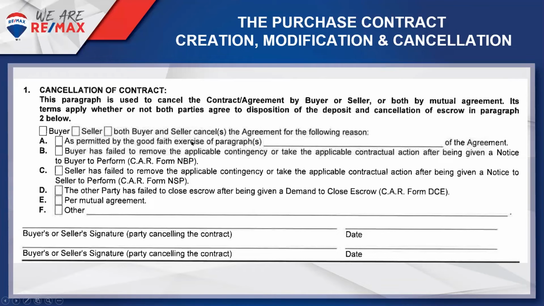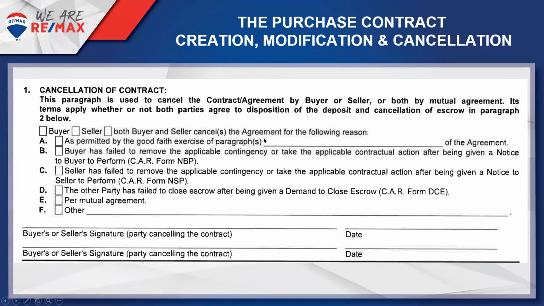Okay, so you list the reasons you cancel, excuse me, and you sign the document. Now, it's important, rule of thumb, never give a specific reason for canceling. Give the paragraph in the contract that allows you to cancel. So you don't list the reasons here.